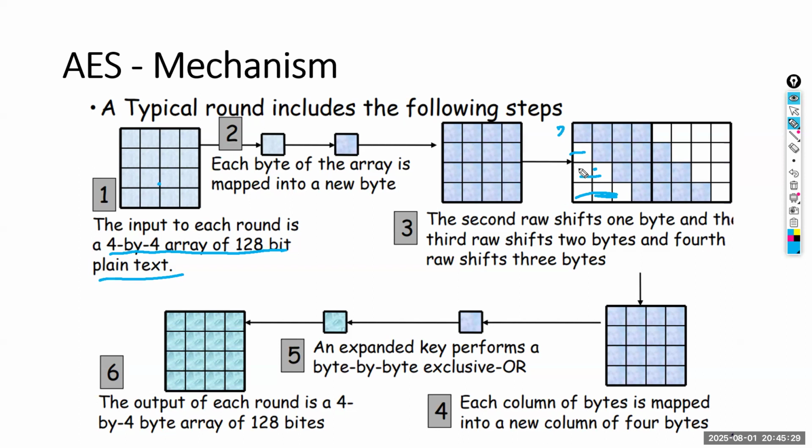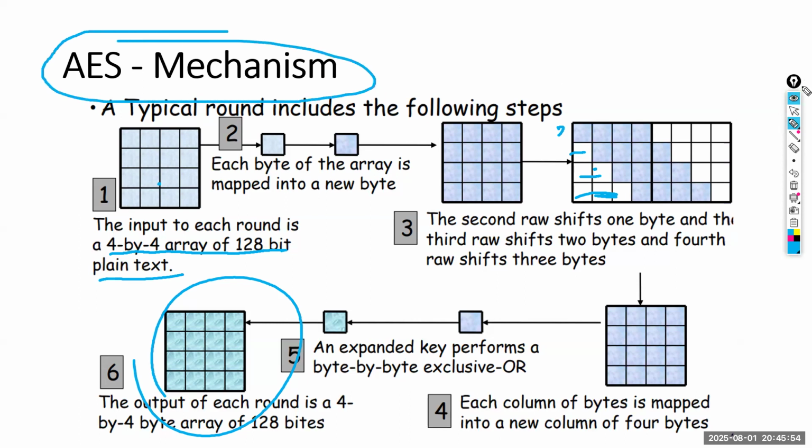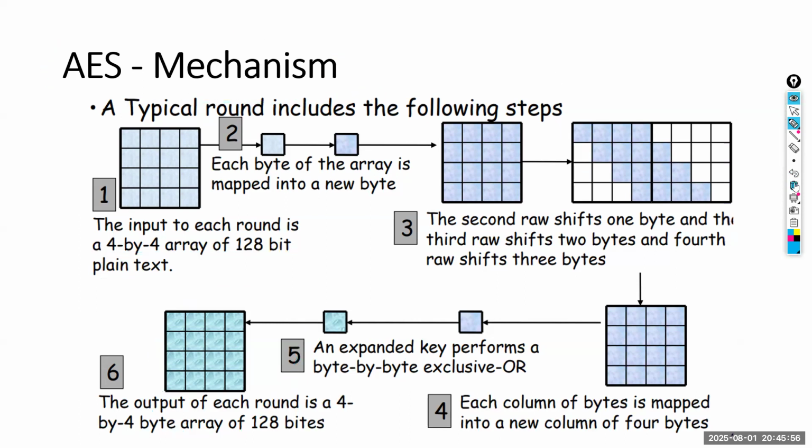And finally, you again get a 4 by 4 array after all your rounds are completed. So if they talk about 2D array shifting of rows, definitely they are talking about the AES algorithm. AES is a symmetric key block cipher algorithm.